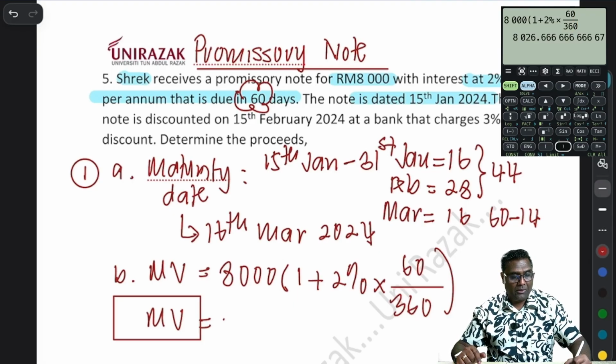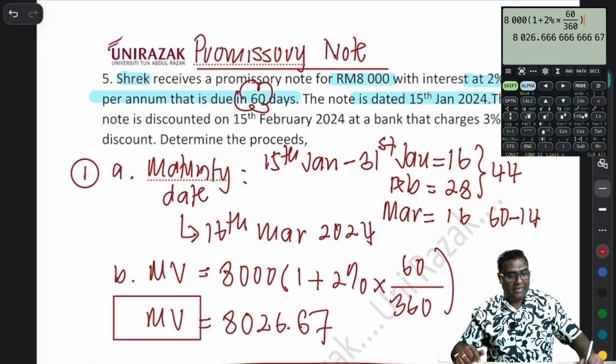Now I press the calculator to get the maturity value. So it's 8,000 times 1 plus 2% times 60 over 360. You have the amount 8026.67. This is the amount that is going to be due in 60 days.